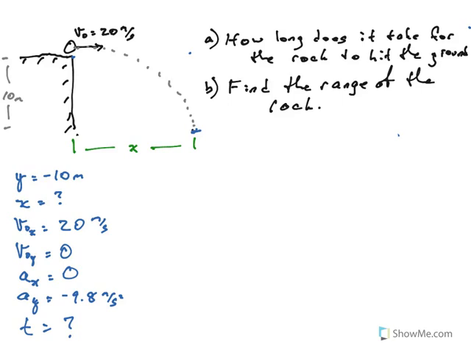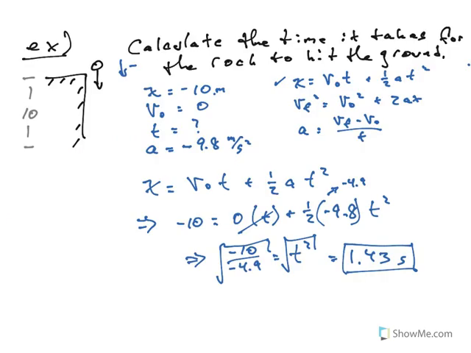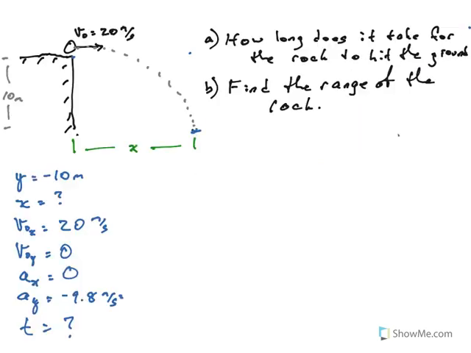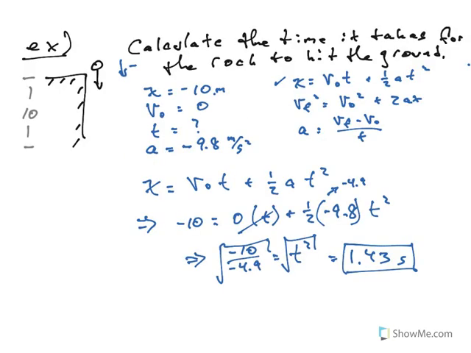So here the same thing applies. This rock, vertically speaking, is exactly the same as this rock from our previous example. And we're going to find out. If what I'm saying is true, then it better be true that the time it takes for this rock to hit the ground, even though I threw it with some speed horizontally, is exactly the same as for this rock where I just dropped it from my hand.